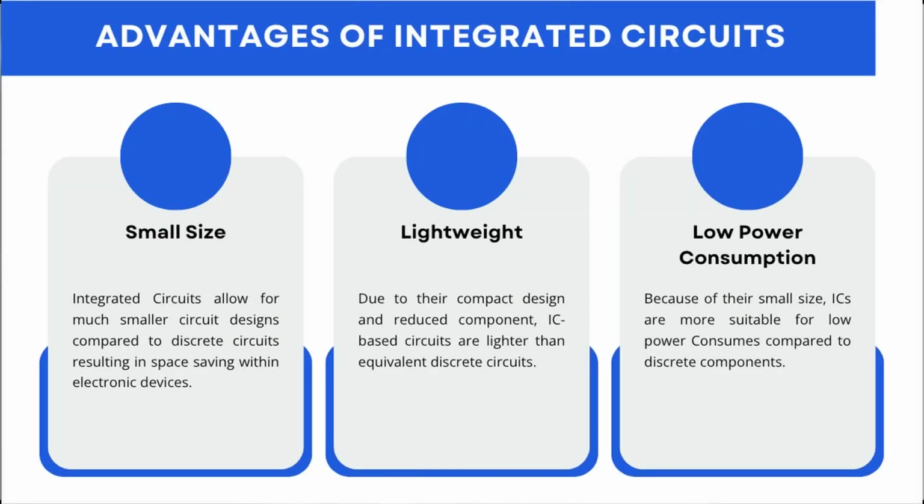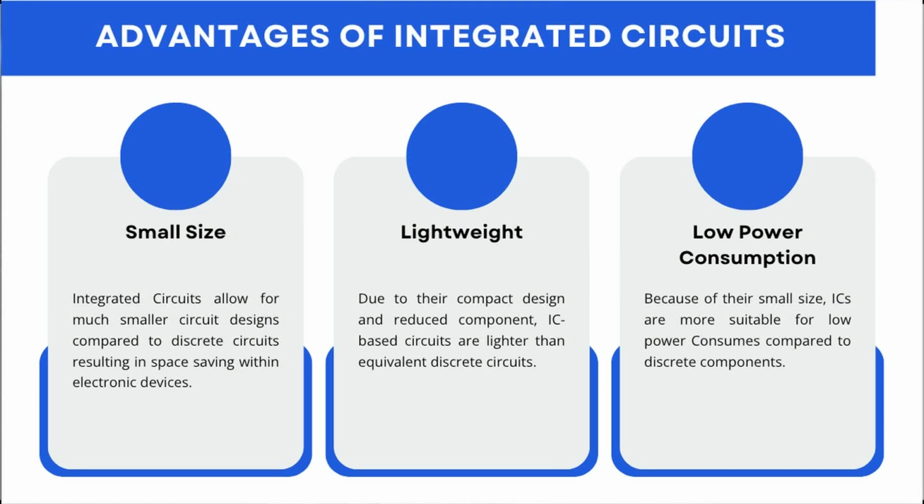Now, what are the advantages of integrated circuits? Integrated circuits offer significant advantages over traditional discrete circuits. The first is small size. ICs allow for much smaller circuit designs compared to discrete circuits, which results in saving space within the electronic devices.